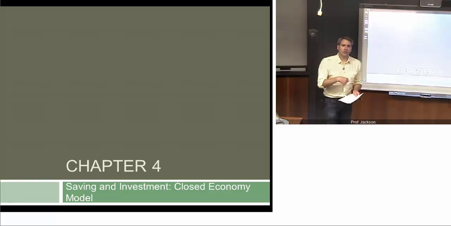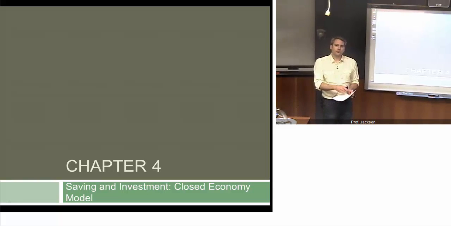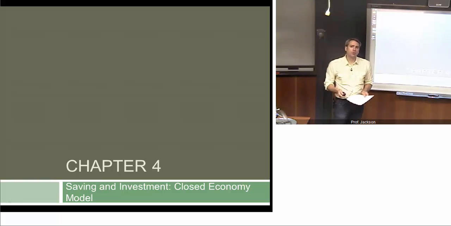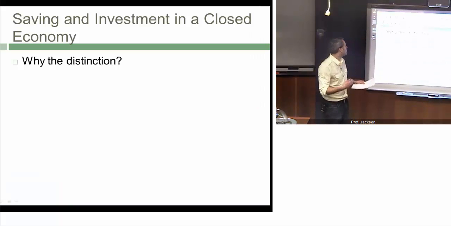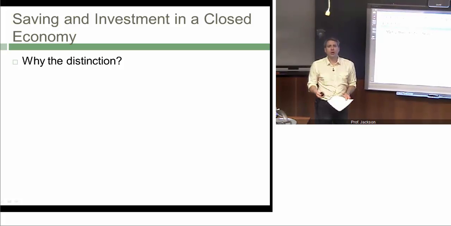So what we're going to do today in this video is look at this question of what's driving long-term interest rates. In order to understand that, we have to make some simplifying assumptions. So we're going to look at this question from a closed economy standpoint.